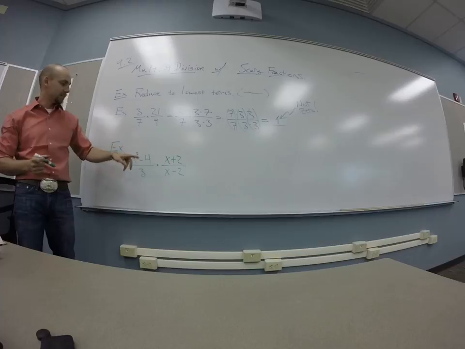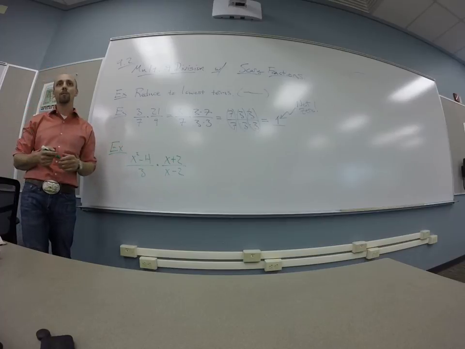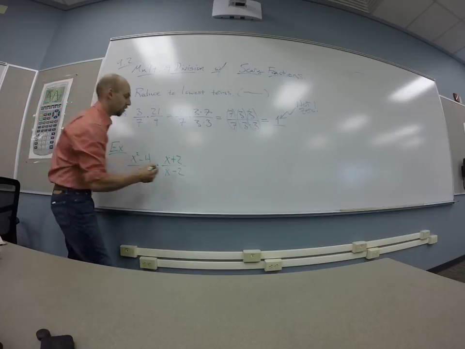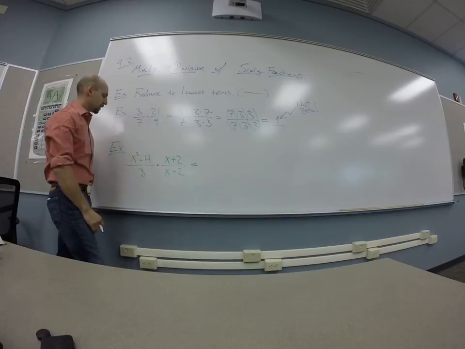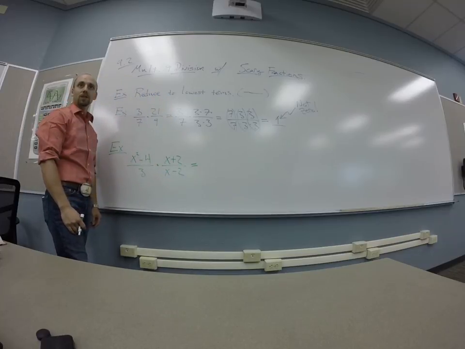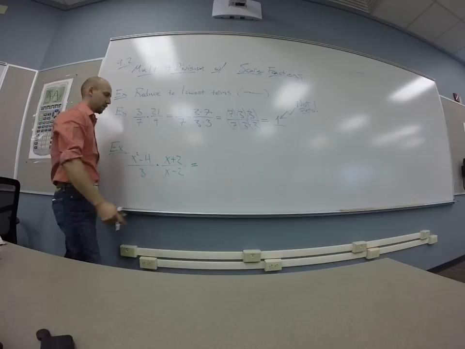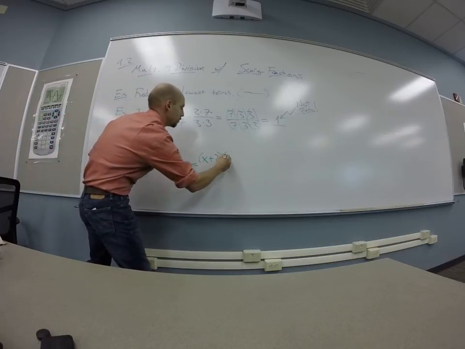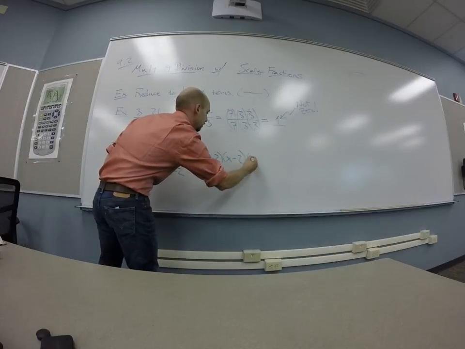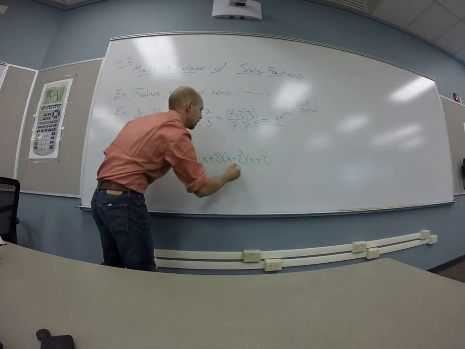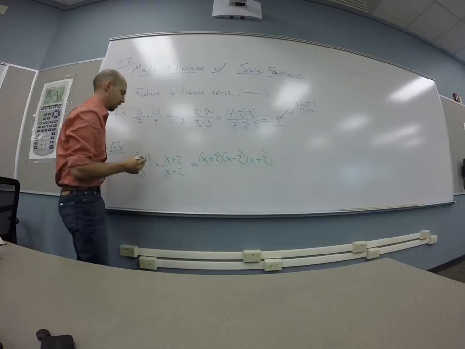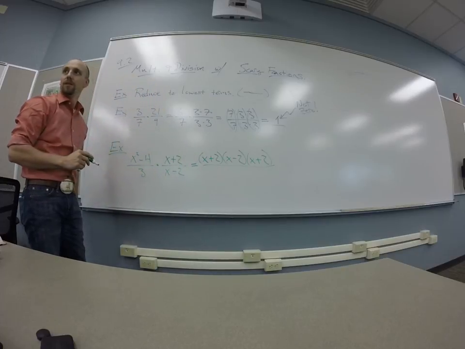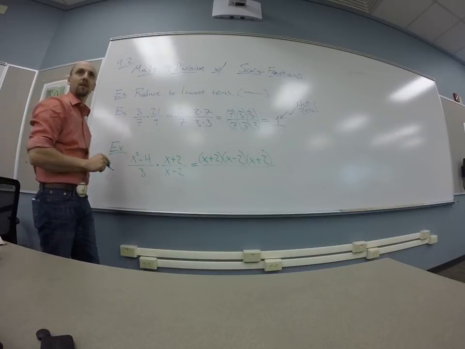Cool. So I would advise we do the exact same thing. We blast this into factors, and then we just group them. So let's see. On the top, what are the factors of that business? X plus 2, x minus 2. Okay, so there's an x plus 2, there's an x minus 2, there's an x plus 2, and then this is all over... Good.